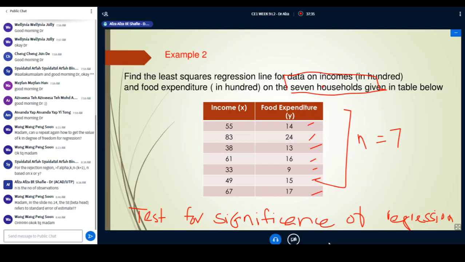So how am I going to get the least square regression line? That means I want to find beta naught plus beta 1 x. So this is what I want to find first. What are these two values? Then only I will get the equation.